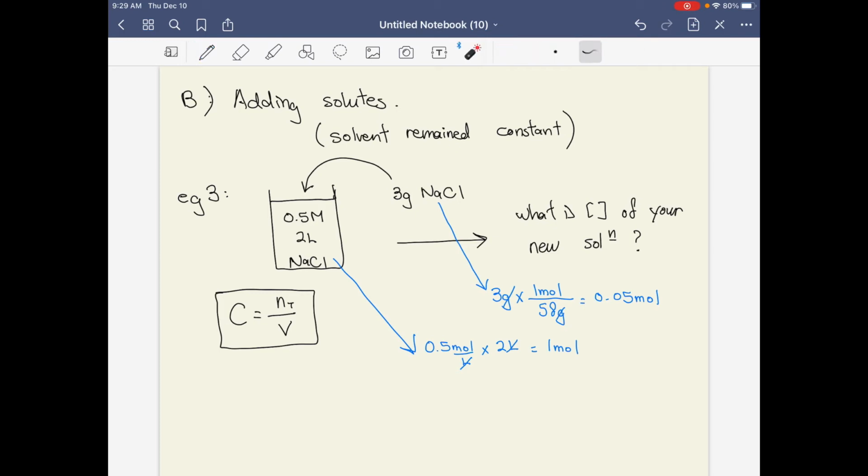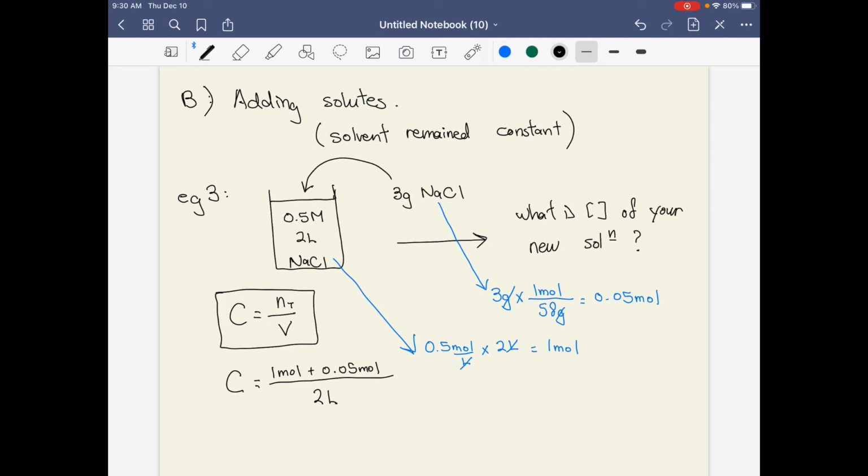So, your solution has 1 mole of NaCl. You are adding 0.05 mole of NaCl. What you're going to do is that you're going to combine these two, and you're going to put it here. Okay? So, C is equal to 1 mole plus 0.05 mole over 2 liters.